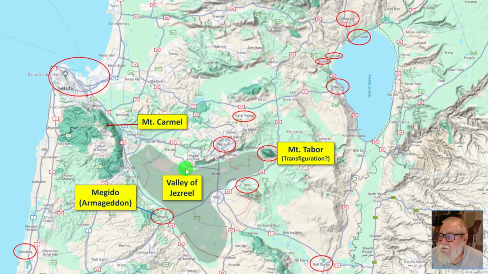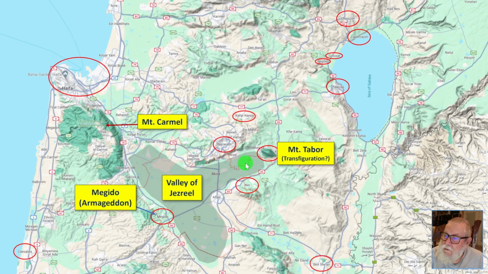Now, just north of the Valley of Jezreel, see this steep cliff here. Nazareth, the home of Jesus' stepfather and mother, Joseph and Mary, were from Nazareth.